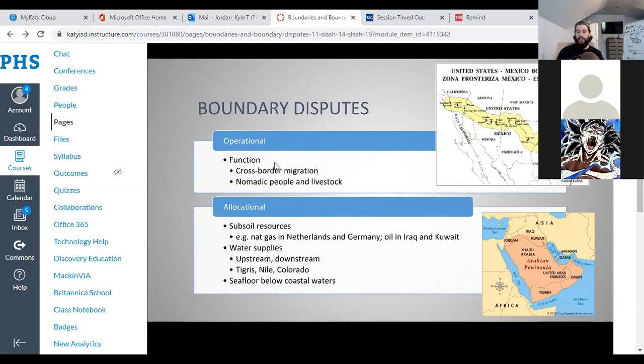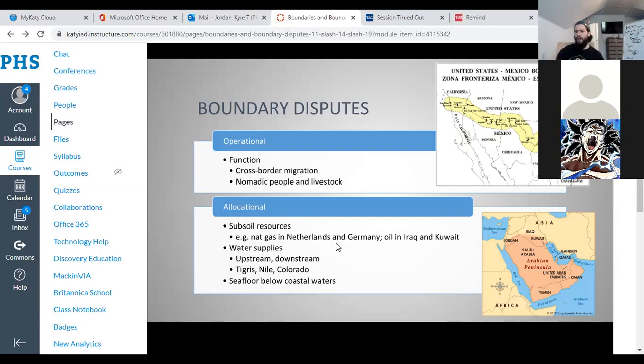And then we have allocational, and this is all about how we allocate resources like water, oil, coal, diamonds, rubies, things like that, natural resources. How do we allocate those if we actually find them on the border? All right. So these can be subsoil resources like natural gas in the Netherlands and Germany, where the Netherlands had to pay a bunch of money to Germany because they were pumping out a huge amount of Germany's natural gas, or it might be the other way around.